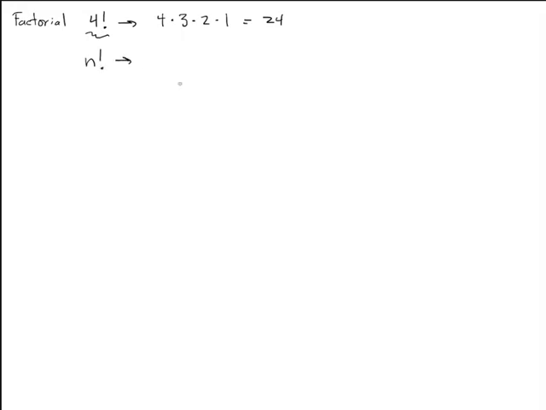What this is, is n times n minus 1 times n minus 2, all the way down to 1. Okay. So we learned that recursion is basically just calling itself. So what are our base cases in the factorial case?